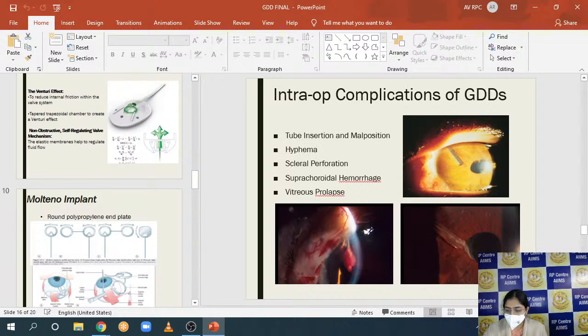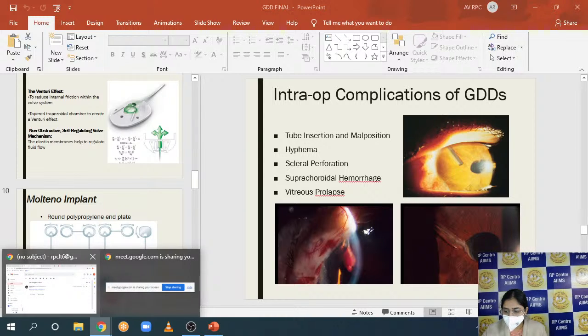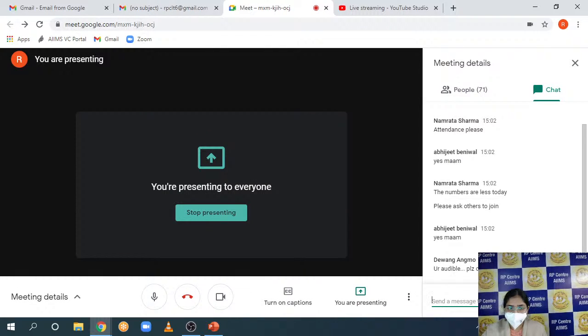Yes, ma'am. Can you enumerate how it was classified? Ma'am, these devices can be classified as with resistance or without resistance, either valve or non-valve. The valve one is the Ahmed glaucoma valve, and the non-valve are Molteno and Baerveldt.